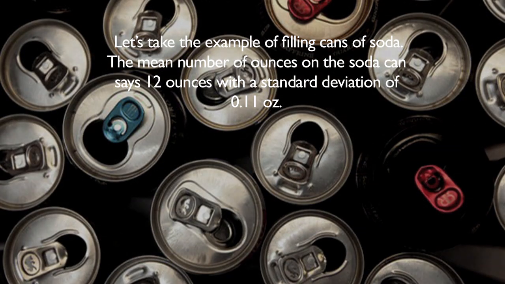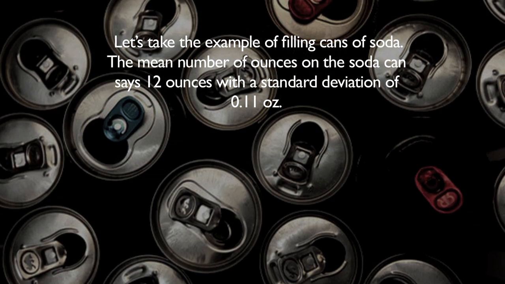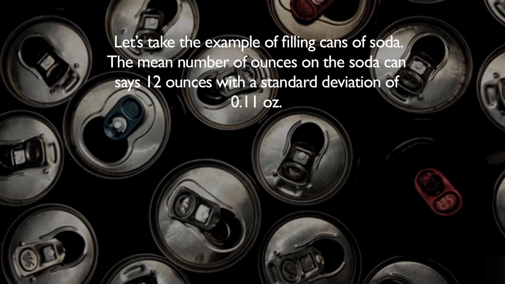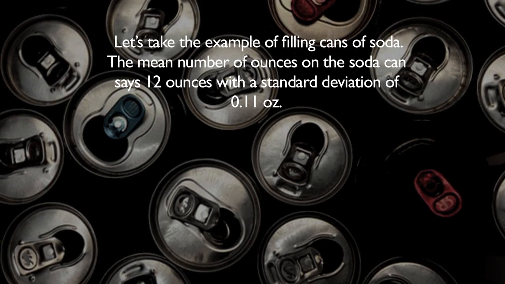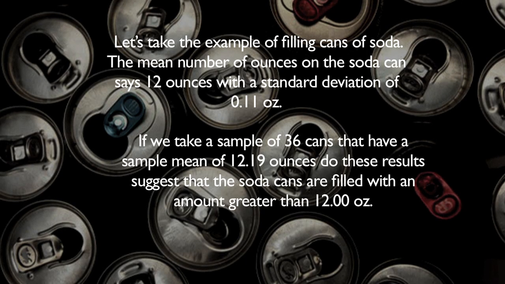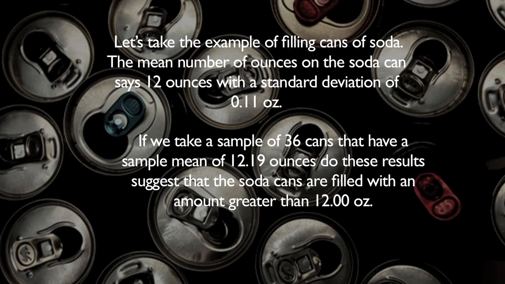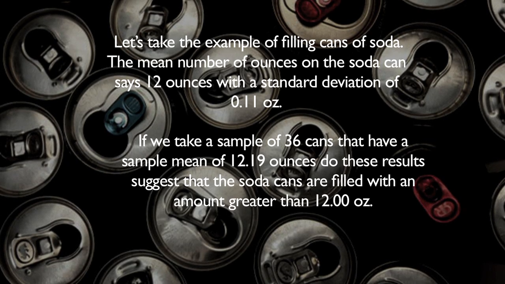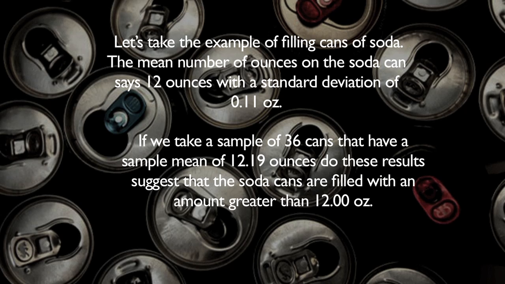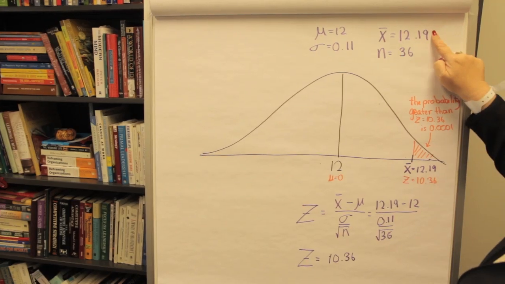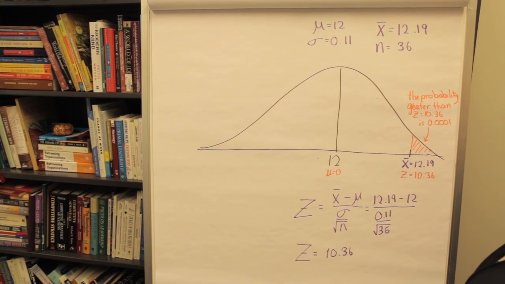Let's take the example of filling cans of soda. The mean number of ounces on the soda can says 12, and let's say we happen to know that the standard deviation is 0.11 ounces. If we take a sample of 36 cans that have a sample mean of 12.19 ounces, do these results suggest that the soda cans are filled with an amount greater than 12 ounces? In our sample, we have a mean of 12.19.